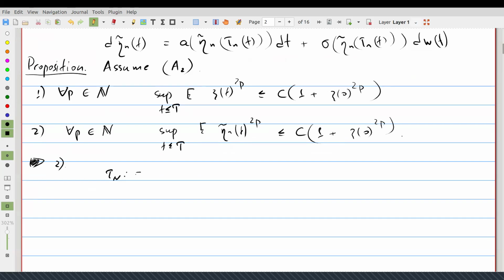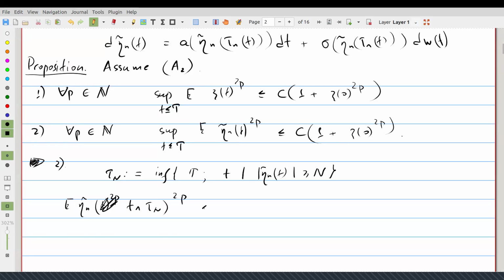And effectively, we are just going to repeat the idea that we used on a number of occasions already. So I gave you some type of localization. And then tau_N to the power 2p. Here we are going to use two things. First is linear growth, which is A2. And the second part is that tau_N of t is less than t always.